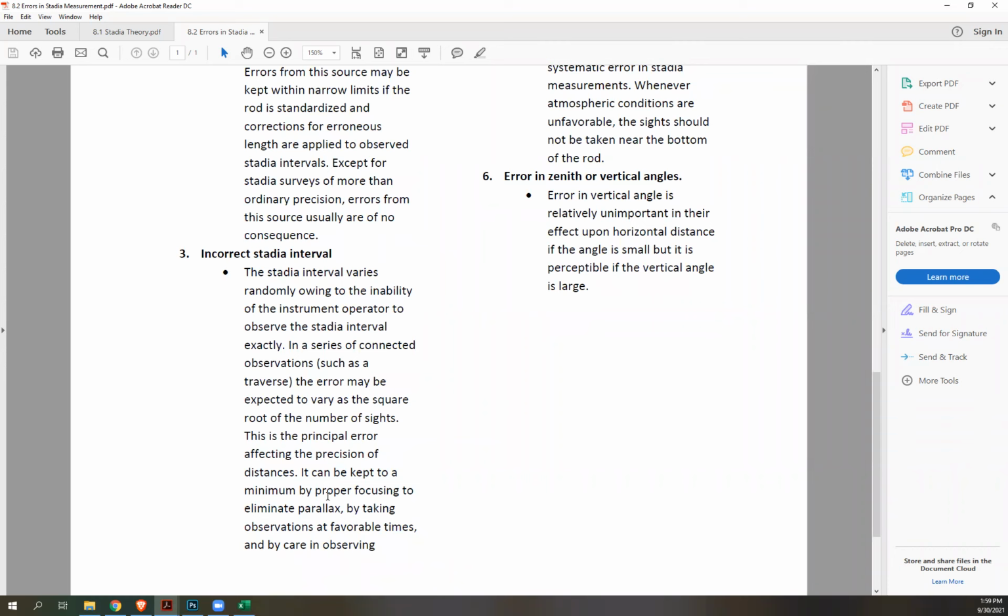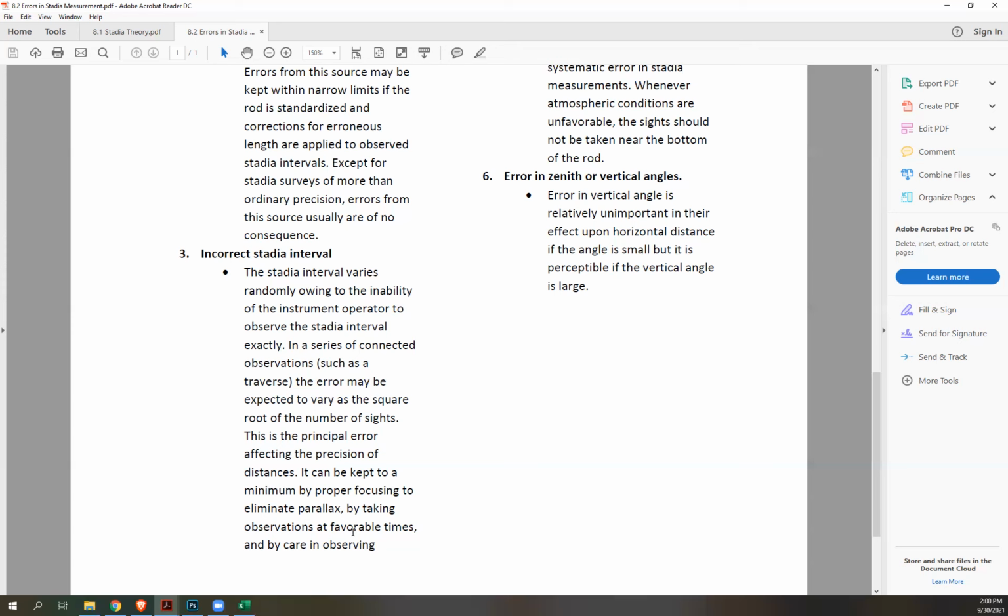It can be kept to a minimum by proper focusing to eliminate parallax, by taking observations at favorable times, and by care in observing. Again, this is done by the operator of your instrument. They take the readings manually if we're just using a directional or optical theodolite. It can be kept to a minimum by proper focusing using the focusing screws on your theodolite to eliminate parallax, which is your difference in vertical readings.